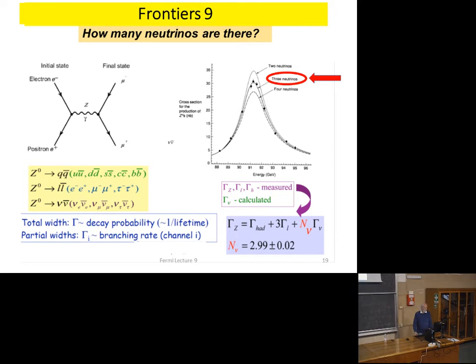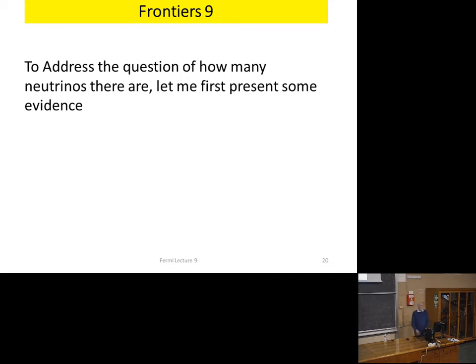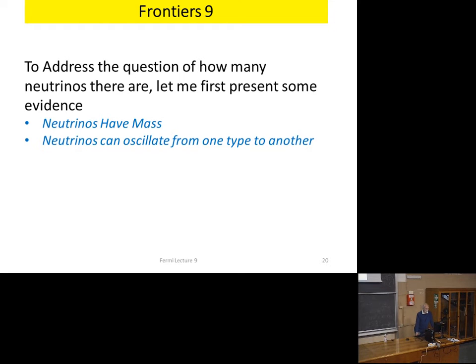I'm going to show you that evidence, because it's one of the open questions, I think, that since we're supposed to be covering the frontiers of physics, hopefully will be answered in the coming decade, and you can keep your eyes open and see what happens. So I'm going to show you the evidence that exists, which is intriguing, but maybe wrong. To address the question of how many neutrinos there are, I have to present in advance a little bit the fact that neutrinos have 2 features that I haven't talked about.